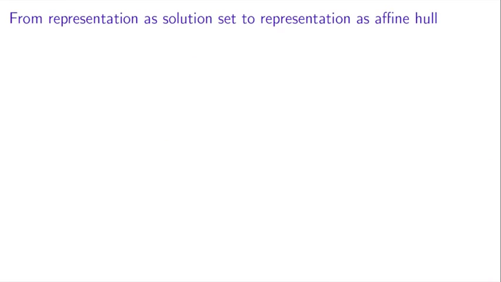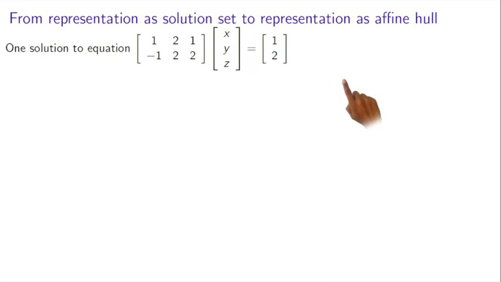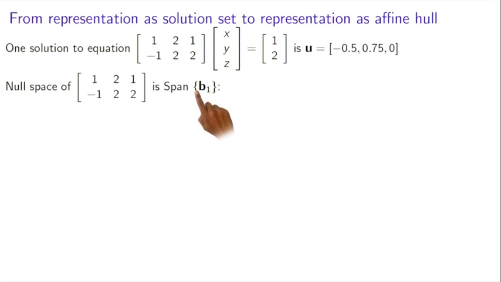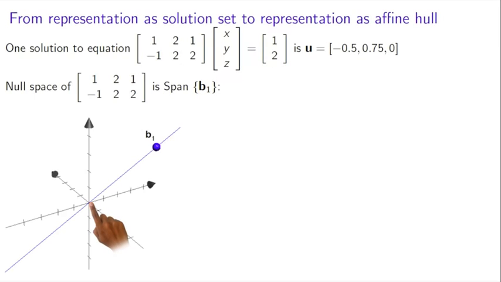I'll go through that example again. One solution to this matrix-vector equation is this. Now, the null space of this matrix is the span of the set consisting just of the vector b1. So in this plot, the line is the null space of the matrix, and you can see it's generated by this vector b1.